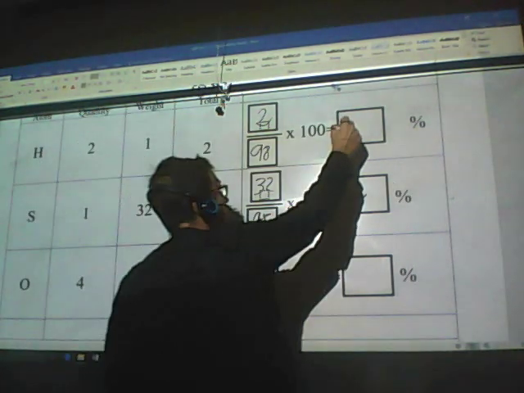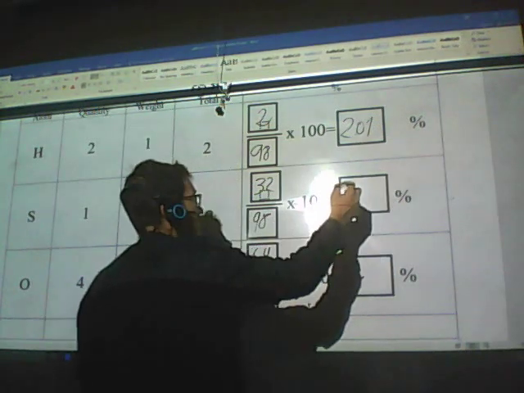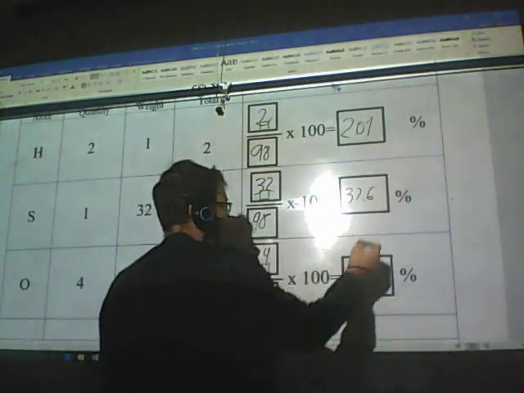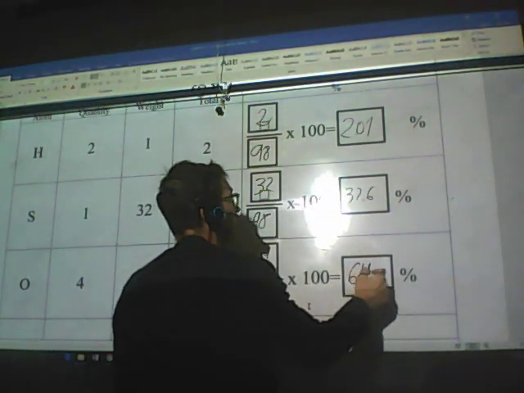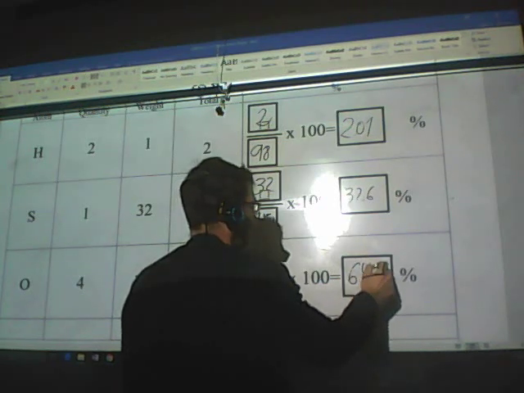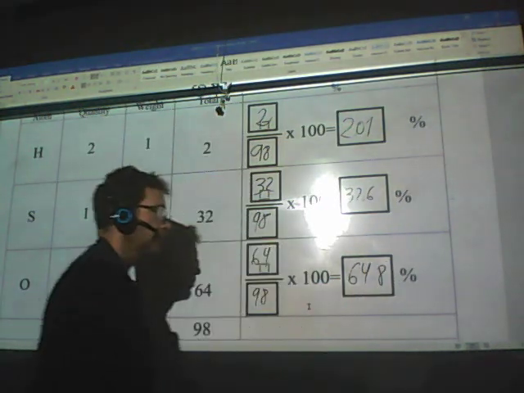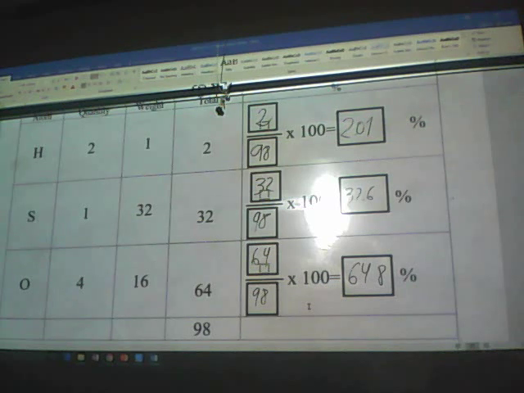You would get like 2.01, I think, and here you get like 32.6, something like that, and here you get 64, like, I don't know, like 4 or something, right? Okay? That's the percentage of each atom in the molecule, okay? The percentage of mass.